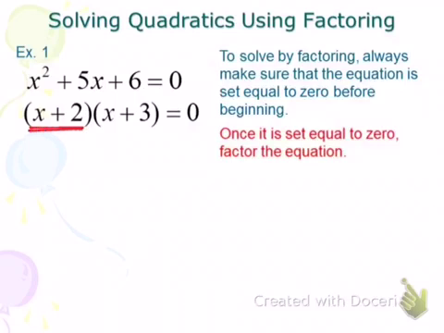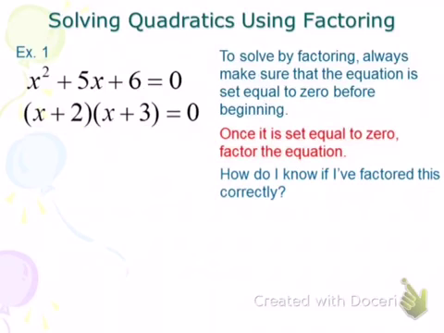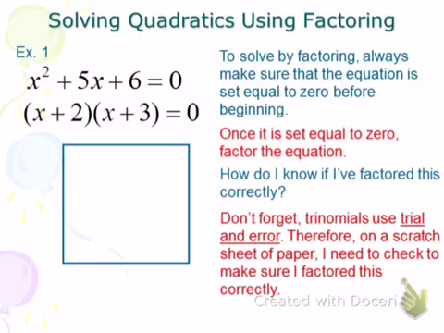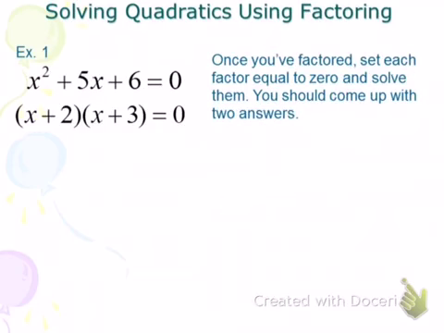Either x plus 2 equals 0 or x plus 3 has to equal 0. So what are the two solutions? -2 or -3. And that comes simply from setting these factors equal to 0.